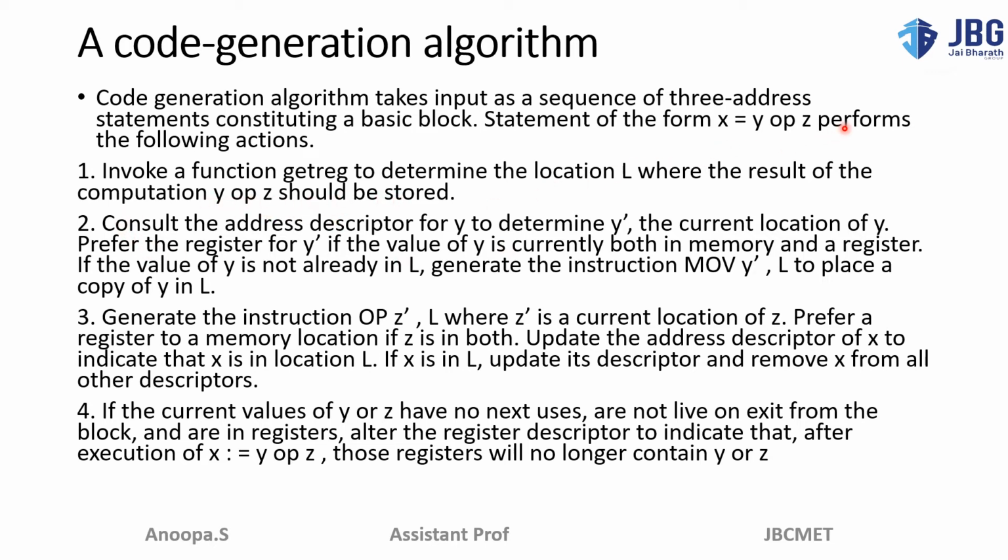So after computing the result, we have to identify the location where the value should be stored, and in order to get that location, we will invoke the function getRegister.